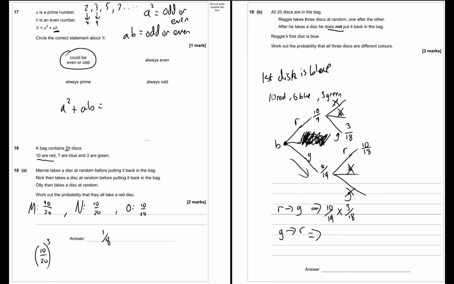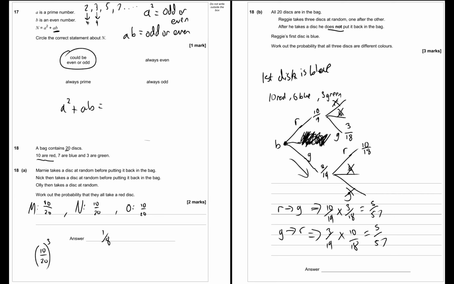And then the other option is green followed by red, which is 3 over 19 times 10 over 18. Now we need to put these into your calculator. For the first one, 10 over 19 times 3 over 18 gives you 5 over 57. And the second one, 3 over 19 times 10 over 18, is also going to be 5 over 57.